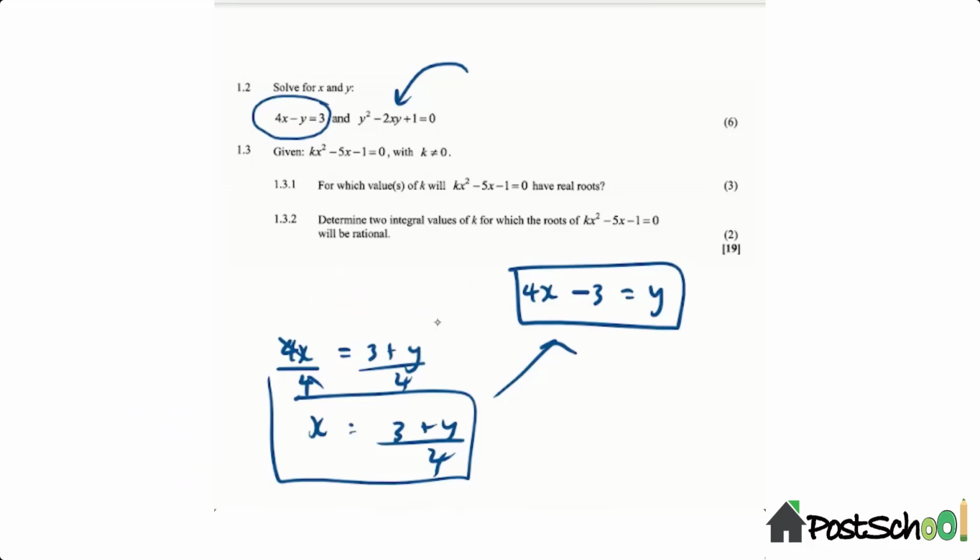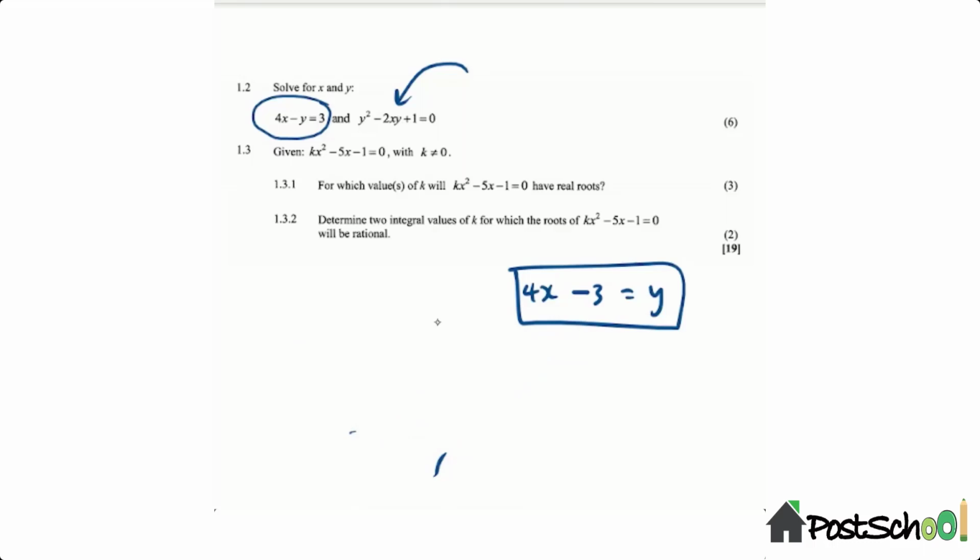All right, so let's just do that. As I said, you make the variable the subject of the formula, and then you plug into the more complex. So we have y squared minus 2xy plus 1. What are we going to be doing here? We are going to be taking y and substituting this everywhere where there is y.